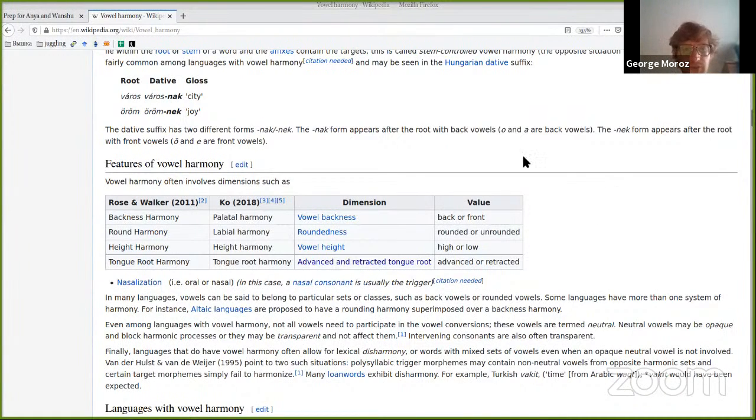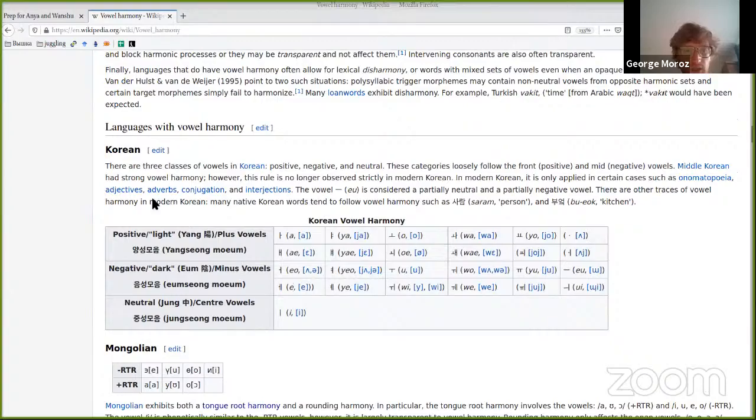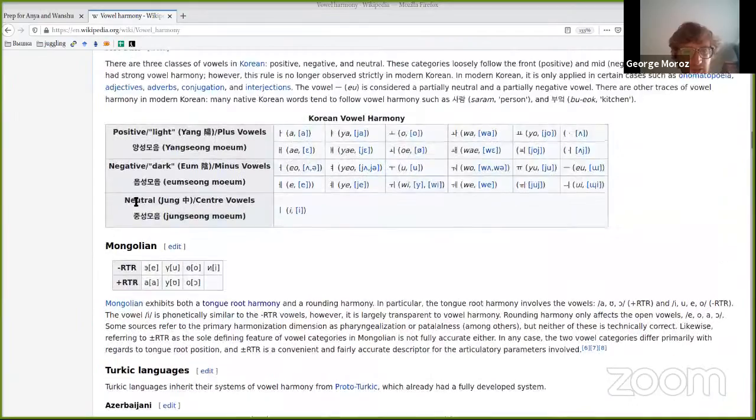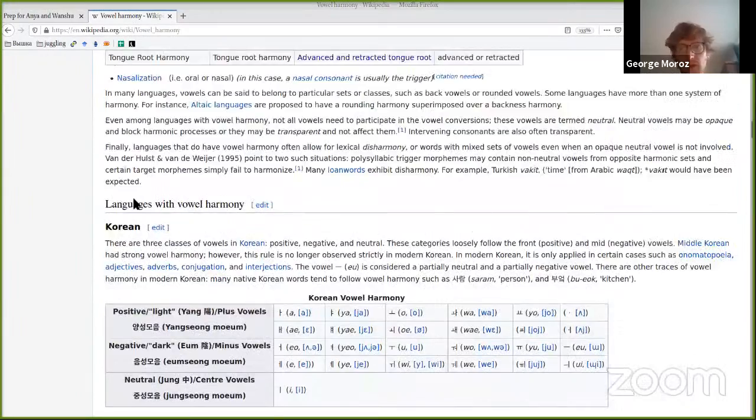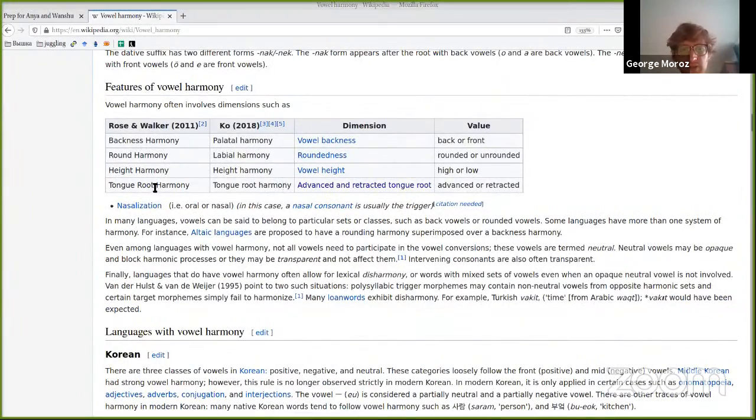More examples probably should be here. Here is an example of Korean. Another thing that I don't like much is tongue root harmony. That's something that will be absent in our data, but it was developed for African languages and then spread into Asian languages.